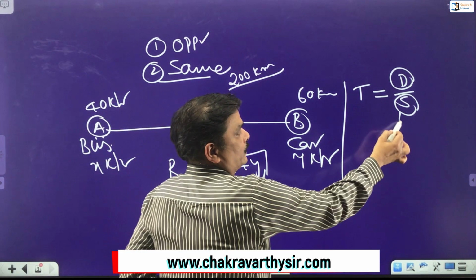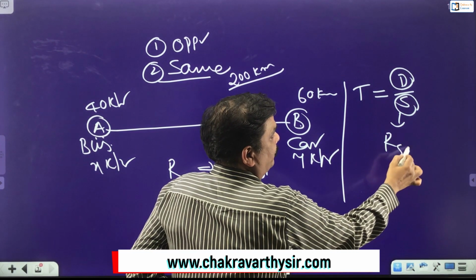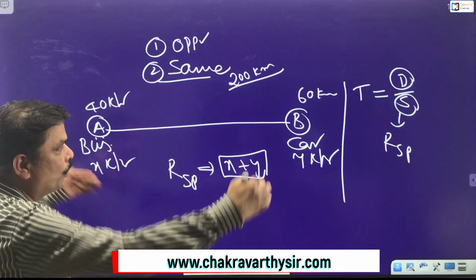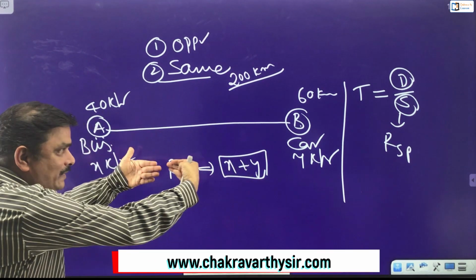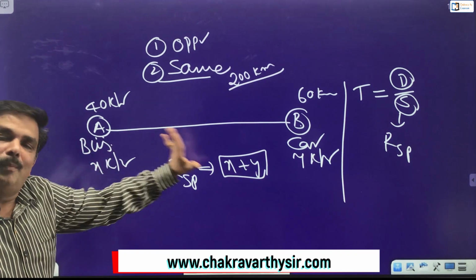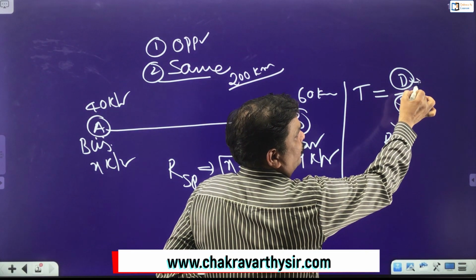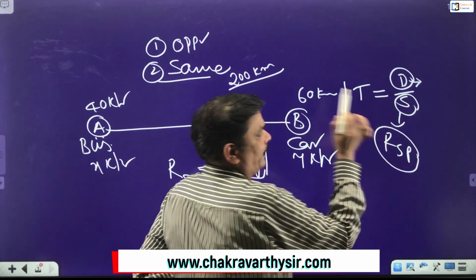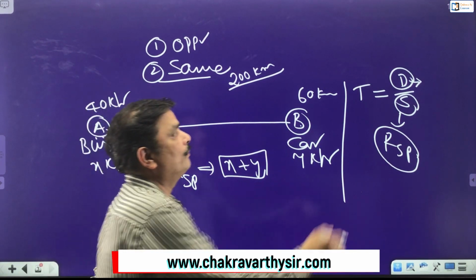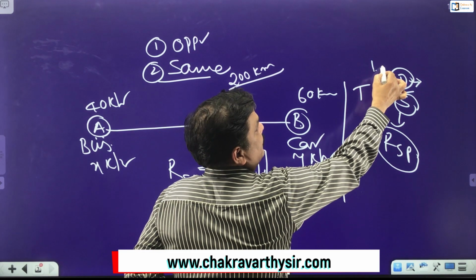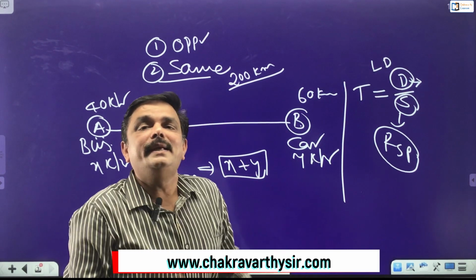Here speed is obviously relative speed, because both the objects are moving towards each other. Now the distance, here a particular term is there. When you are using this relative speed concept, the particular term for distance is lead distance. Let us call it as lead distance.